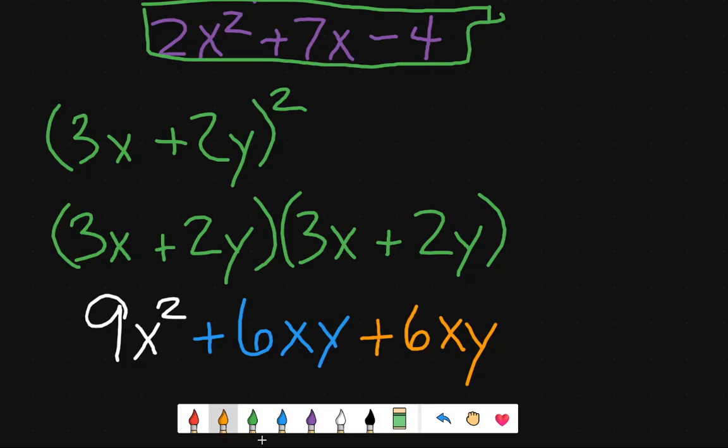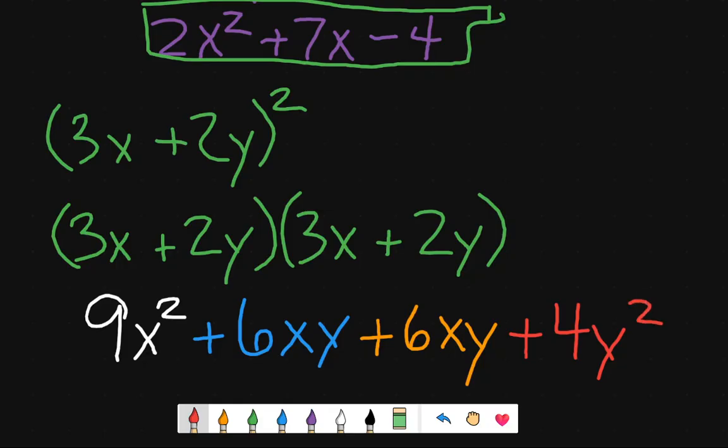And then we have to multiply our last terms, our last terms inside of those parentheses. So what are the last terms? We have 2y and then 2y. All right, those are the terms you have to multiply. So 2 times 2. What's 2 times 2? Did you say 4? That will be correct. y times y is y squared.